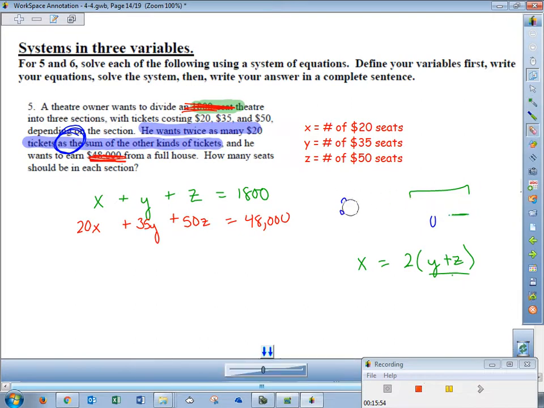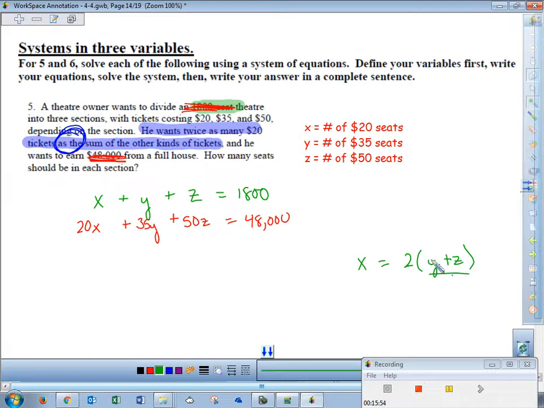The correct equation that you're looking for right here is this one: the number of $20 seats should be twice as many as the sum of those added together. Well, this equation, as written, doesn't do us a lot of good, because we need the variables to go in the order of x, y, z equals number. Otherwise, the matrix can't help us. So I got to distribute this out. So x would equal 2y plus 2z.